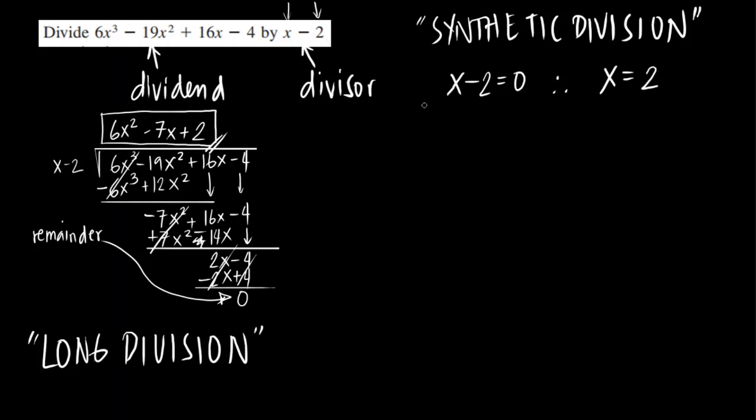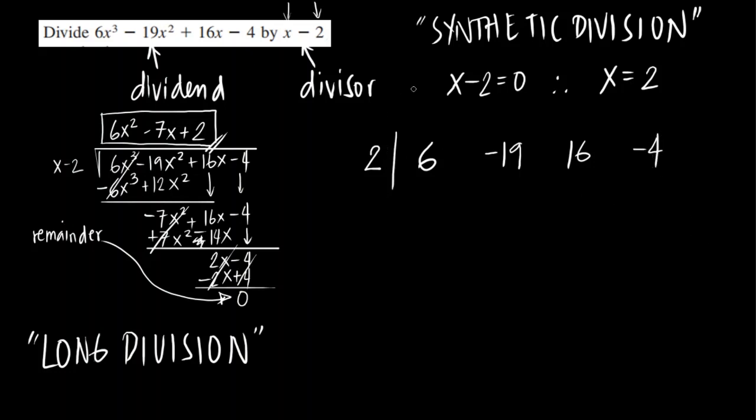We need that, because when we solve synthetic division, it should look like this. 2, and then we only need the coefficients. You have 6, negative 19, positive 16, and negative 4.